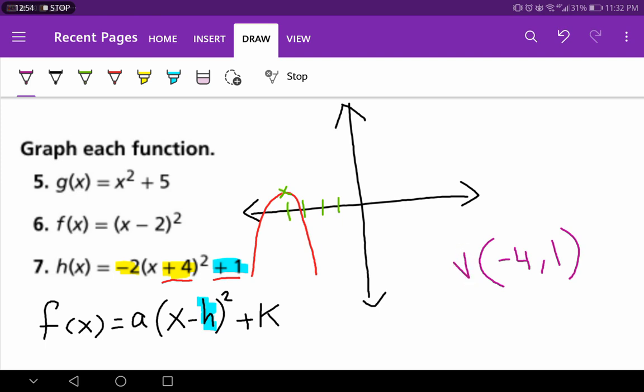And who can tell me what is the axis of symmetry? Yes, bravo. The axis of symmetry is, no, not 4. It is x equals -4. And actually, if you want to graph it, you have to graph the axis of symmetry like this, the line that cuts the graph into 2 equal parts.